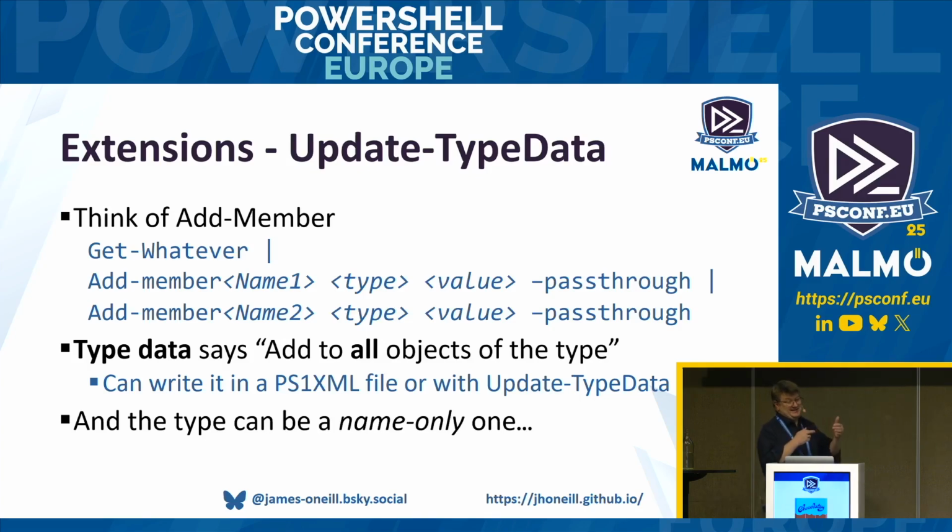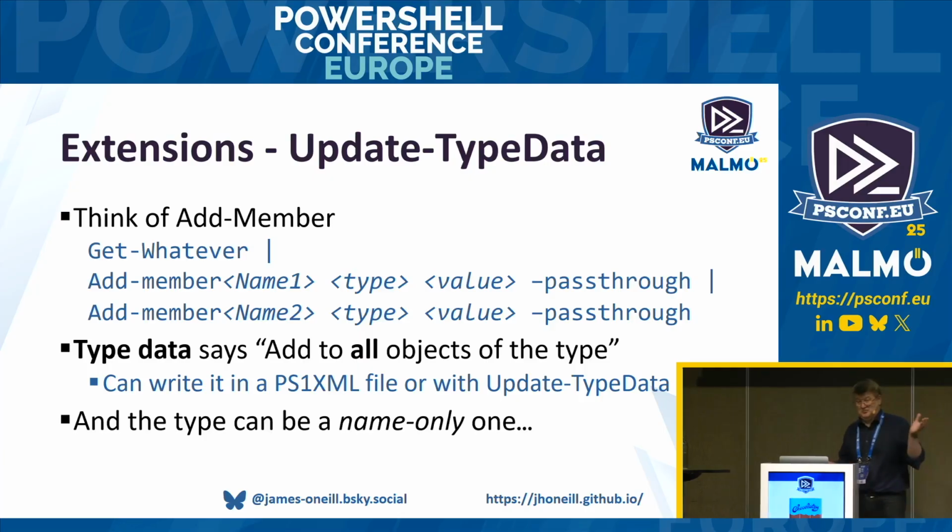But the type data says, for all objects that have got this name attached to them, I want you to add this information. And we can do it by putting that information in another PS1 XML file, or we can do it with update type data. And the same secret applies. It can be a type in name only.